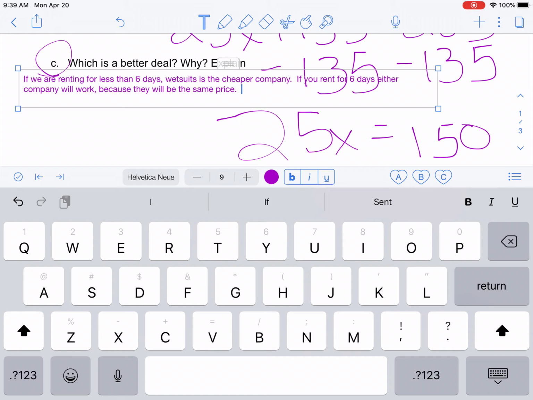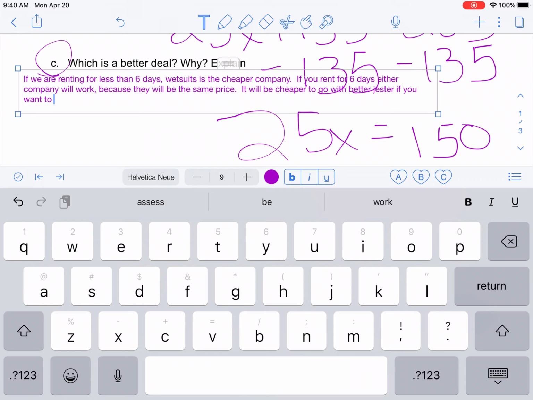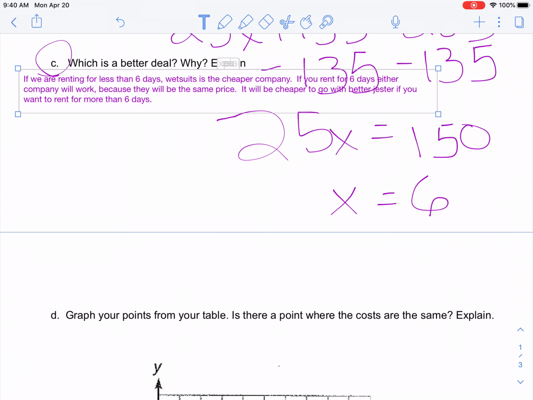And it will be cheaper to go with Better Jetter if you want to rent for more than 6 days. Okay, so hopefully that makes sense.